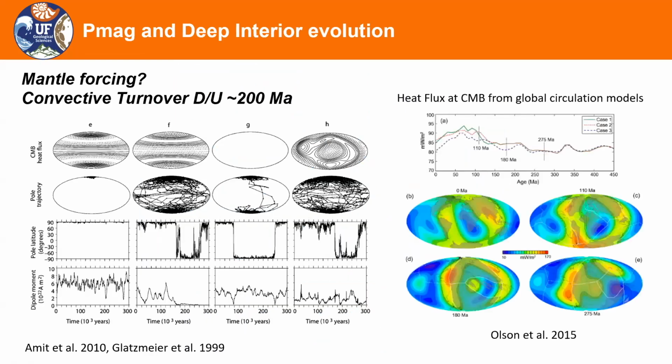So this is not entirely new. It has been done before, and people have used heterogeneous boundary conditions on geodynamo simulations to see what is going on at the surface. We can see here the influences on reversals, but also on the dipole moments, field strength. And usually that has been done using simple geometric patterns, but it has also been done using output from mantle convection models.